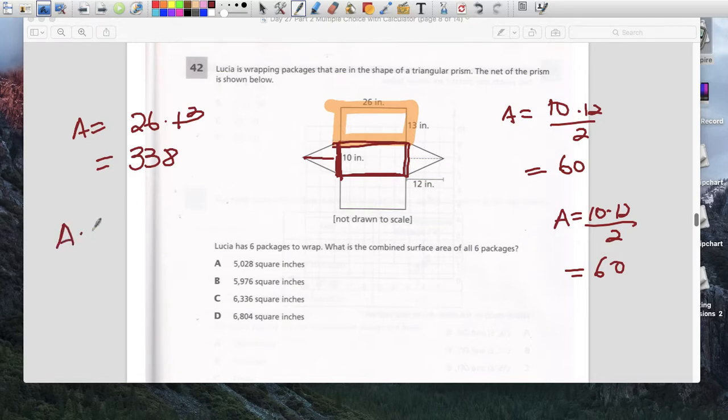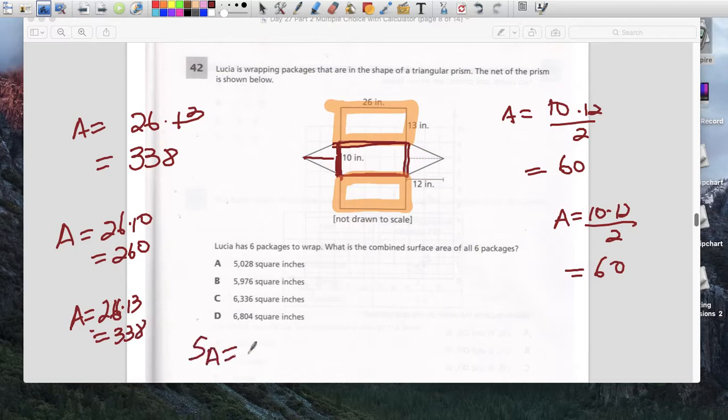So the area in the middle is 26 times 10, which gives us 260. And the area of this last rectangle is the same thing as the one on top, 26 times 13, which is going to give us 338.